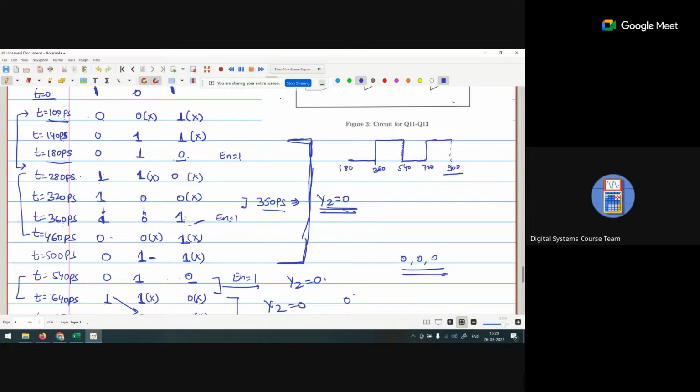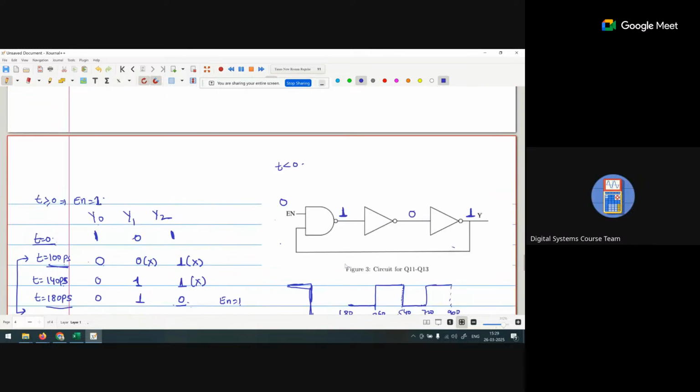Okay, sir. Second thing, if you simplify that one, when you are getting a 0, you are getting a 1 here, after 180 picosecond.